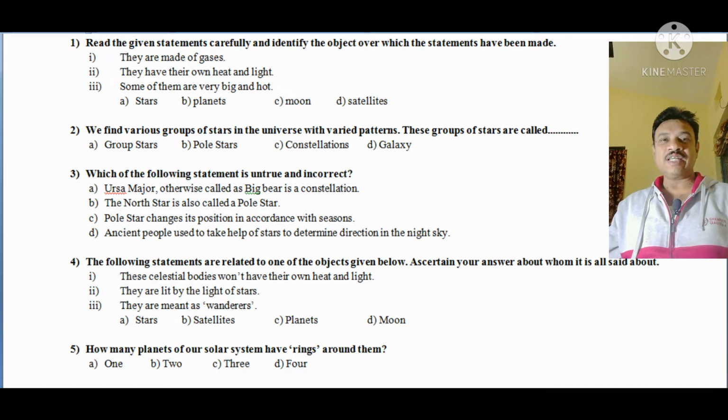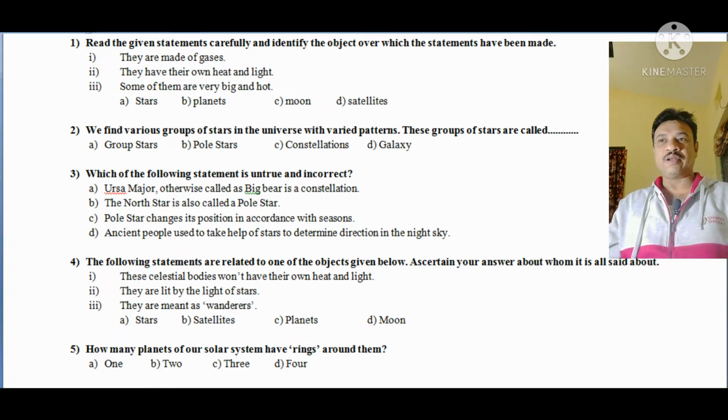And constellation is a group of stars formed with various shapes or patterns or outlines. Since the question also says various patterns, your answer should be C. Pole stars and group stars are not the correct options for you.